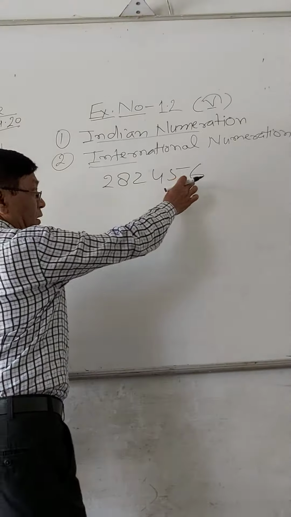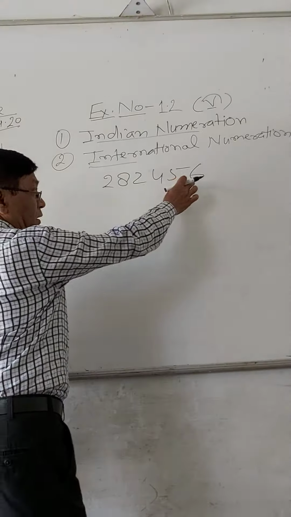24,578. So 4 crore 28 lakhs 24,578. This way you read in the Indian system.